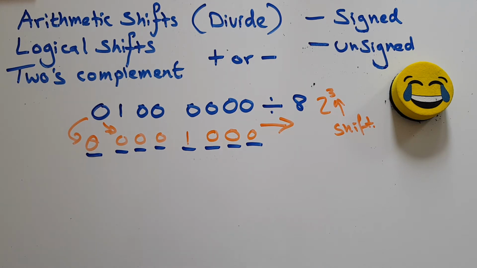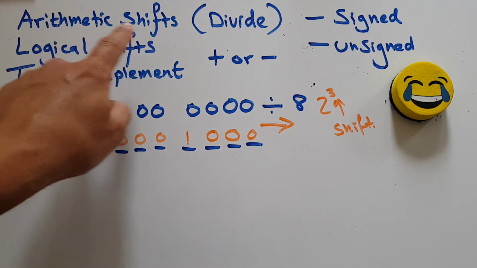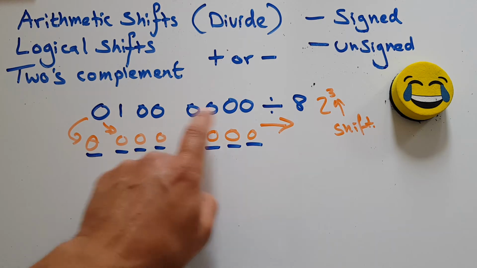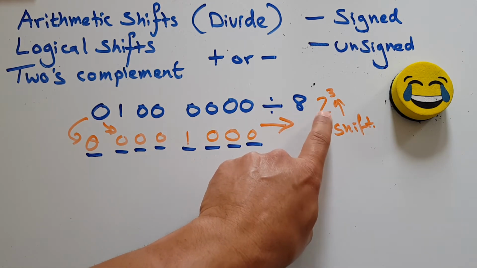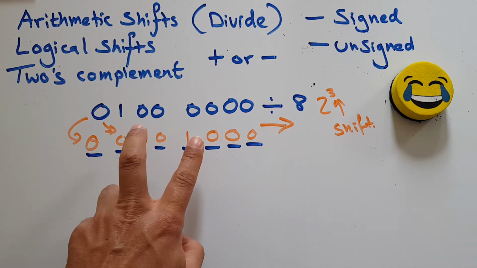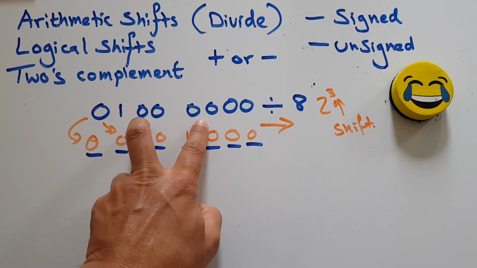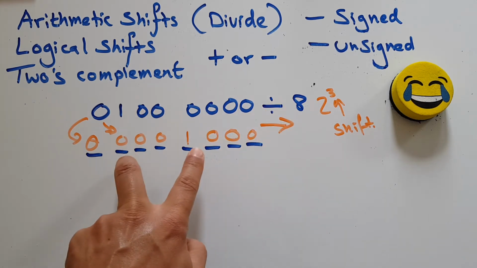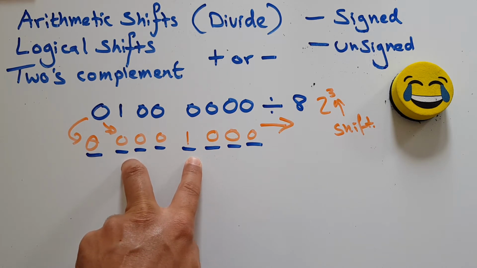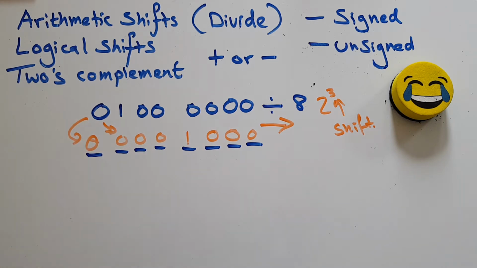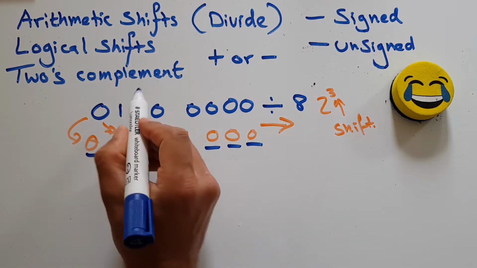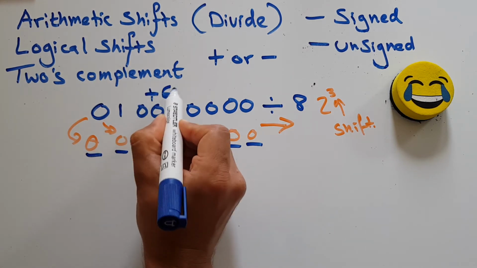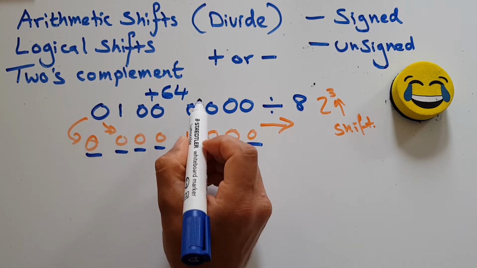So let's recap. An arithmetic shift allows you, in this case, to divide a binary number by a power of 2. 8 is a power of 2. It's 2 to the 3. So the division I'm doing is this binary number divided by 8 hopefully should equal this binary number. Well, how do I know? Well, if you look at the blue binary number, the only thing switched on is 64. Okay, so it's positive 64.